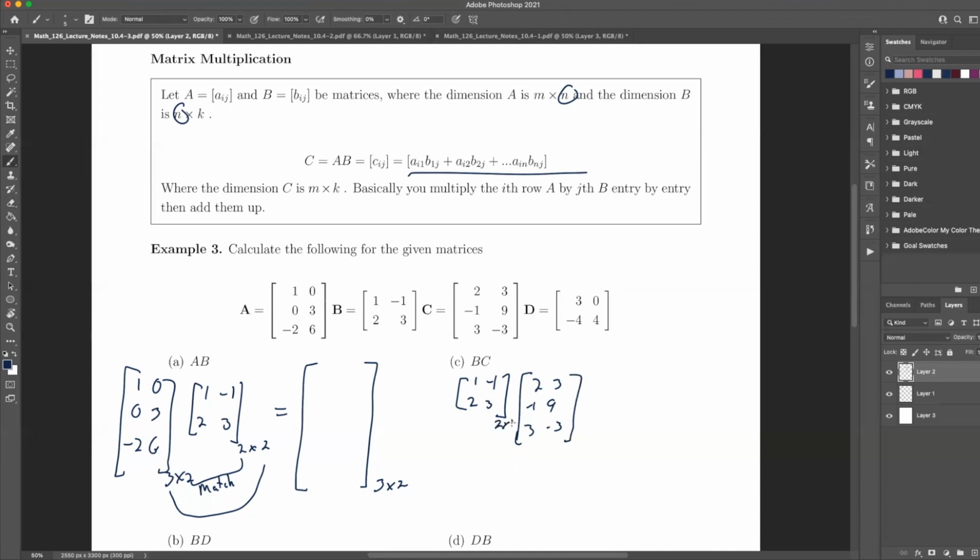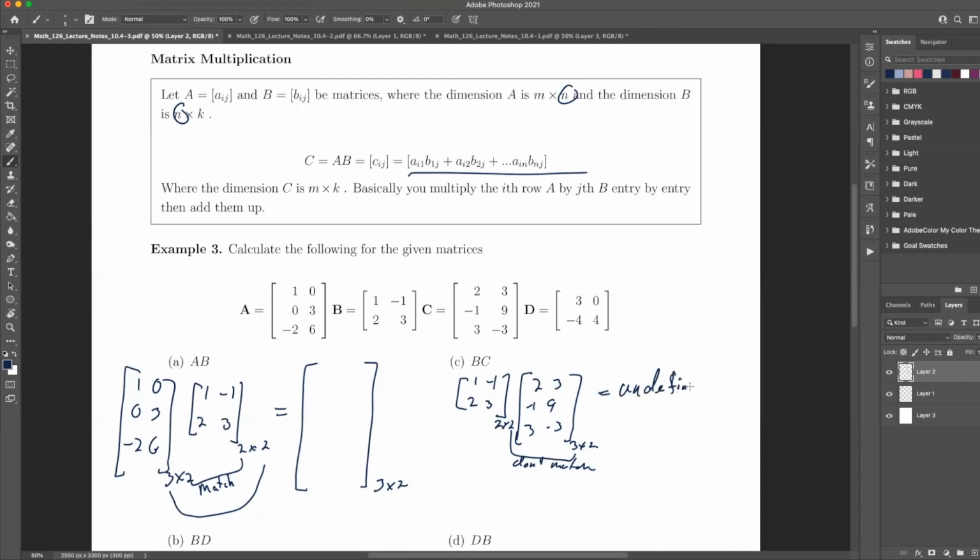This is a 2 by 2. This is a 3 by 2. These don't match. The number of columns in this doesn't equal the number of rows, so this one is undefined.